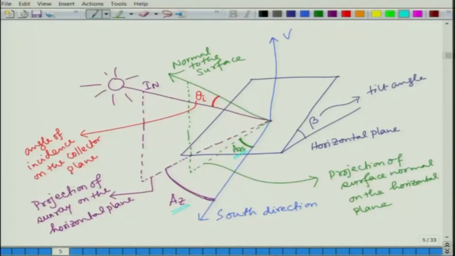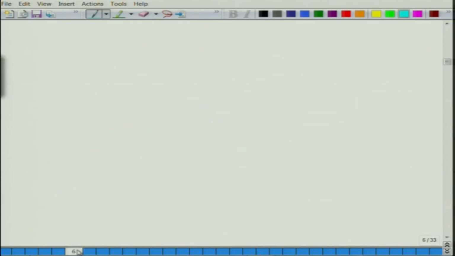So, that is a unique thing, and it is general, because that is the global south direction, and you can find it anywhere on the earth, wherever you are interested in.